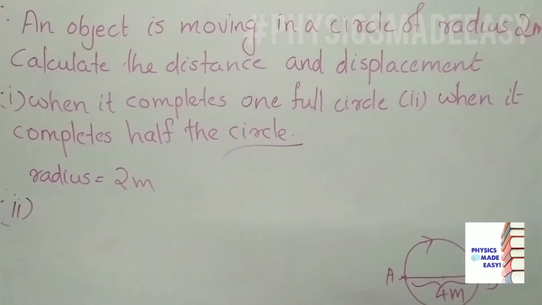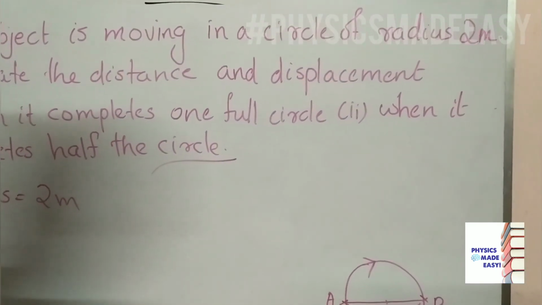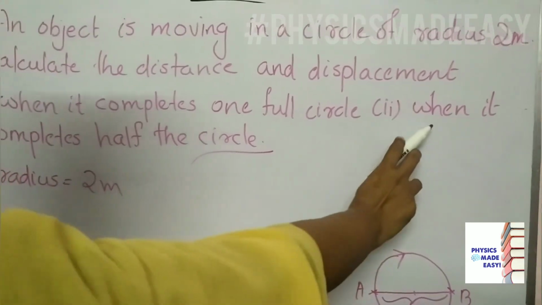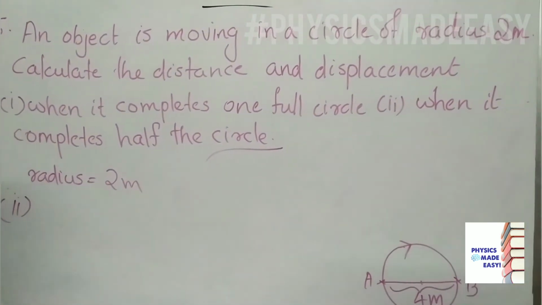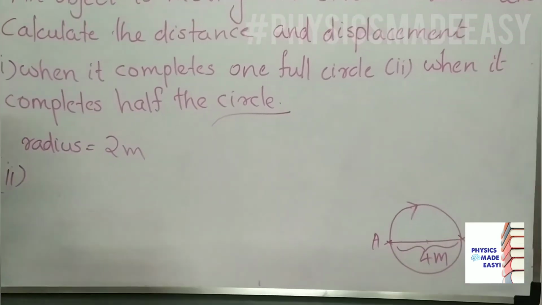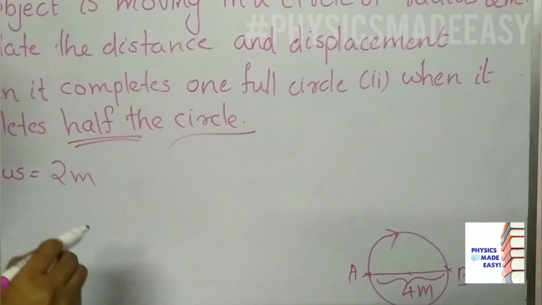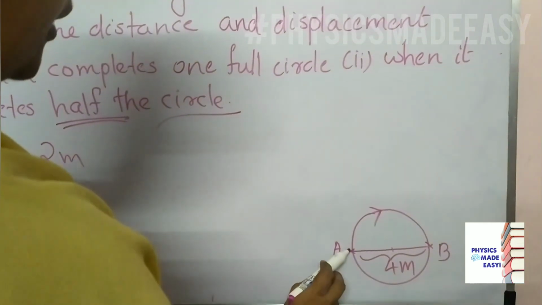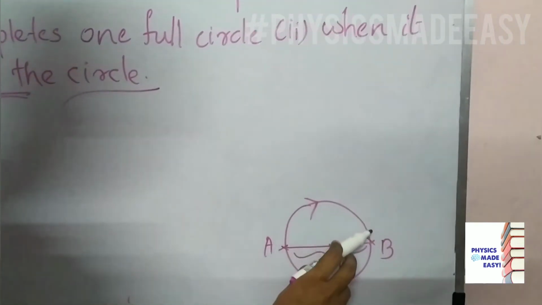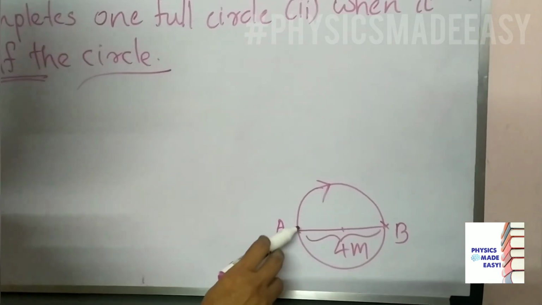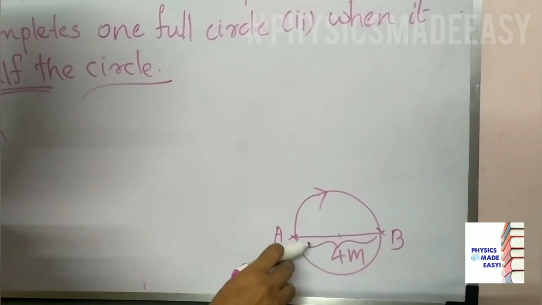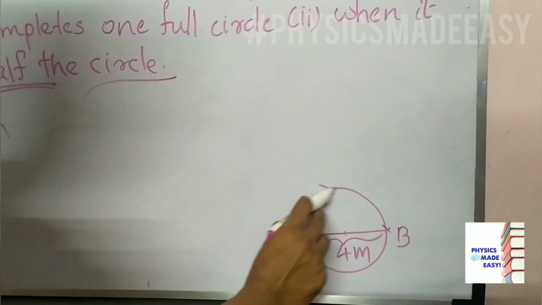In that second case, you can see that figure here, starting from A. When it completes half the circle, it is not completing that full circle, that is completing half the circle. Here you can see starting from A and stopping at where? B. Here you can see that this is a semicircle, not full circle here, that is only completing half the circle.